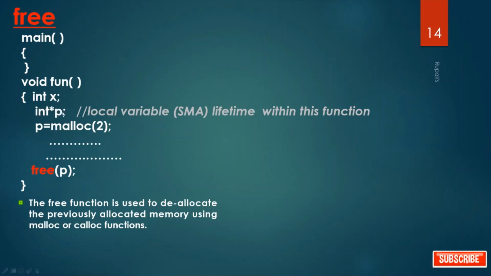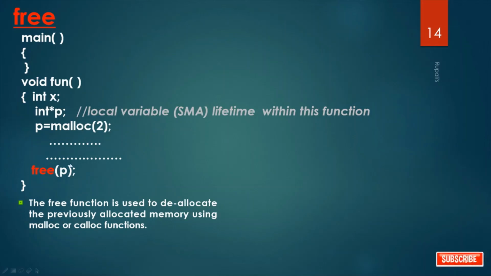So the lifetime of this variable p is till the end of this function fun. Now by using malloc, at the time of run, I allocate 2 bytes and return the initial address of the allocated bytes to p. Now if I write free p, by using free p we just deallocate the space allocated by malloc.